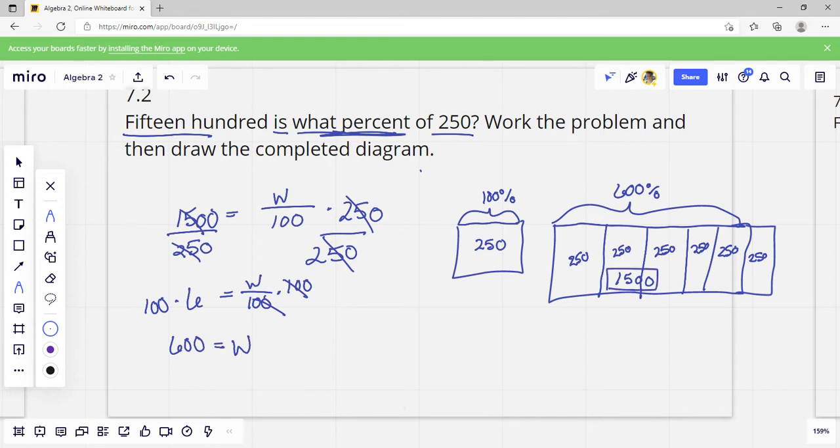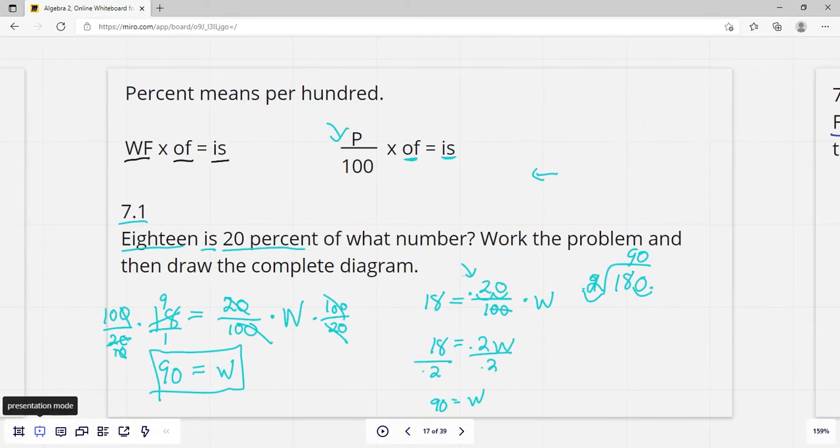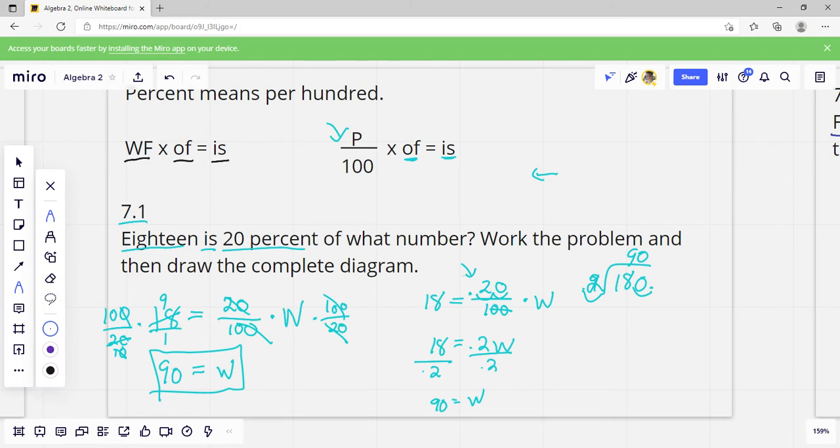Let me draw the diagram on the one we did, that first example. If I was to draw a diagram for this one, 18 is 20% of what number? That means that we've got our whole thing right here. This is going to be 100%. And then we've got 20% right there. And we know that that is 18.